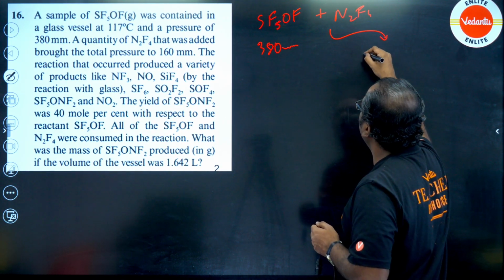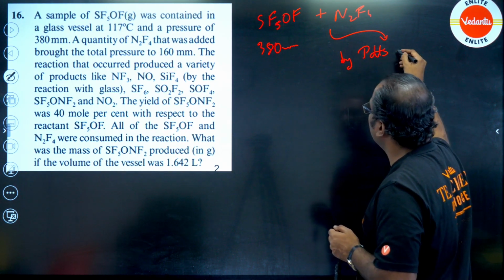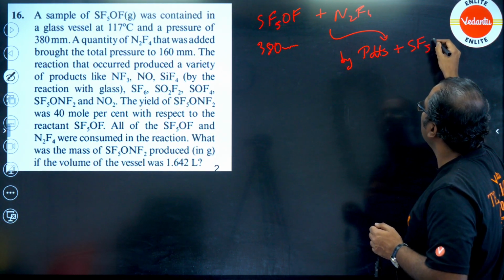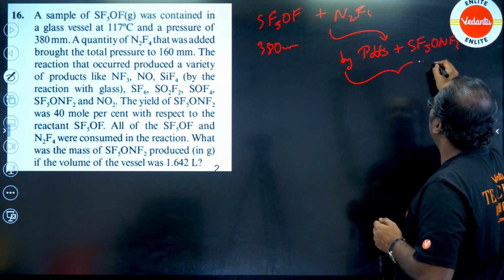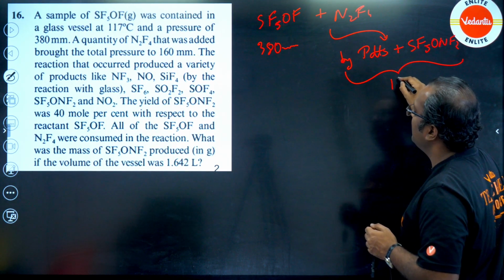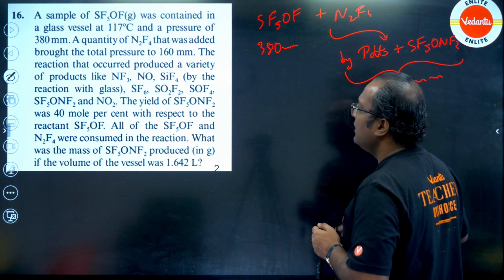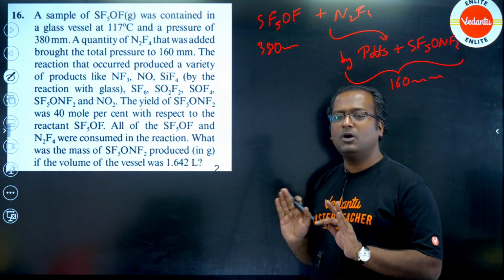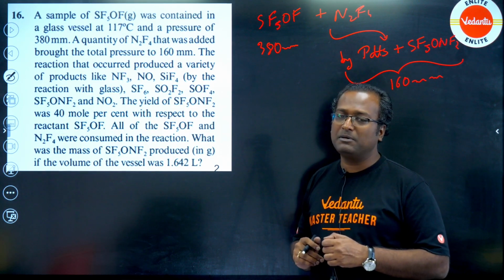We get lots of products, lots of byproducts, plus my important product that we have to solve the question on, SF5ONF2. The total pressure finally is 160 mm. Before the reaction, when N2F4 has been added, it is not 160 mm. After reaction, it is 160 mm.